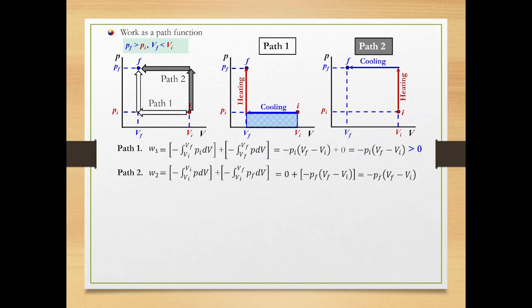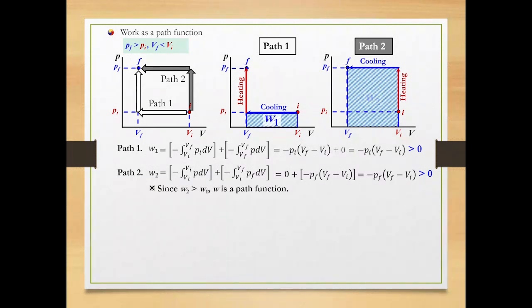Consequently, the work done in path 2 is negative Pf times Vf minus Vi. Vf minus Vi is negative because Vf is smaller than Vi. This makes the work positive due to the negative sign in the front. The work done to the gas in the course of compression in path 2 is the same with the area of the shaded rectangle in blue.